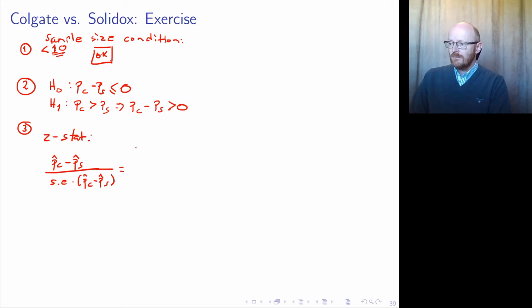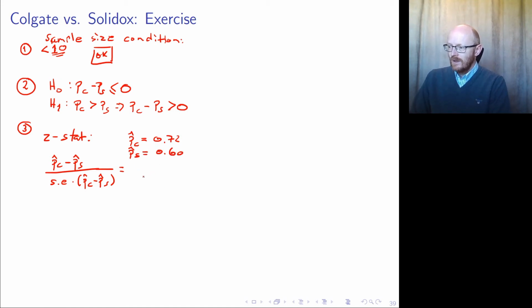We know the proportions: P Colgate hat is 0.72 and P Solidux hat is 0.60.